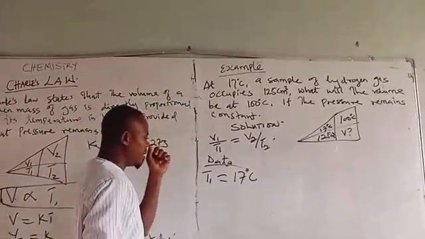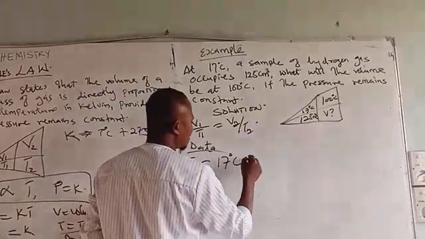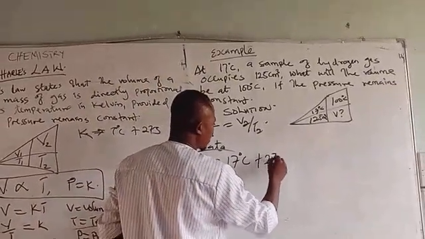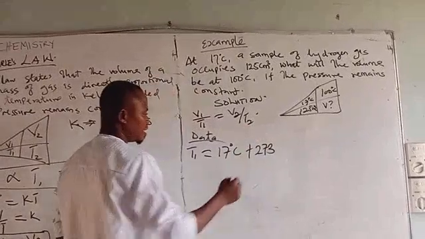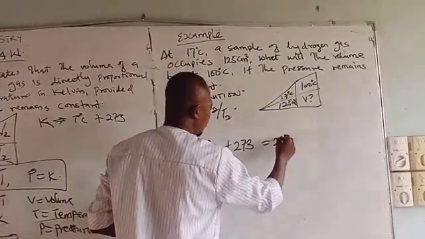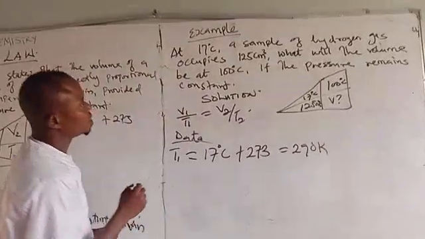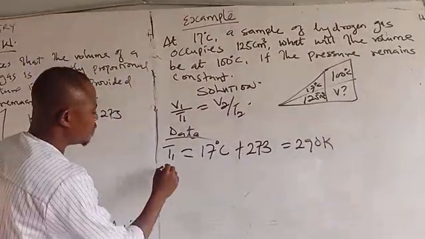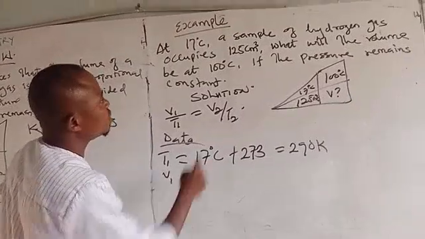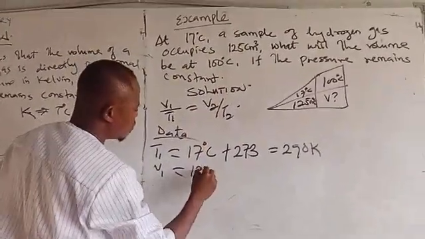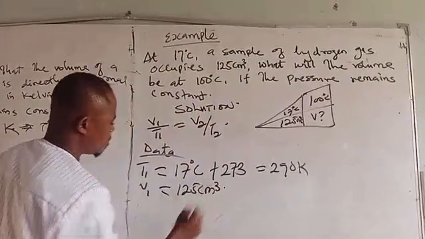And because this temperature is in Celsius, we'll convert it to Kelvin temperature by adding 273. And we're going to have 290 Kelvin. Now, V1 will be equal to 125 cm3.